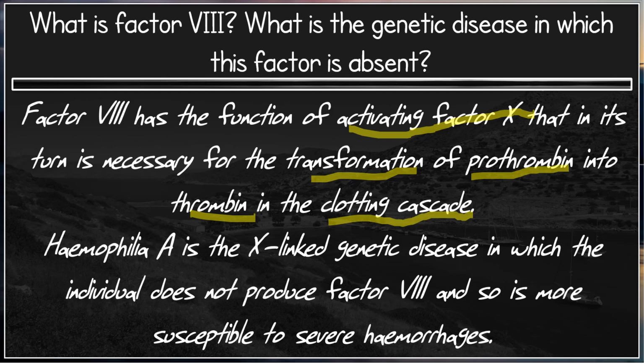Hemophilia A is an X-linked genetic disease in which individuals do not produce factor 8 and so are more susceptible to severe hemorrhage.